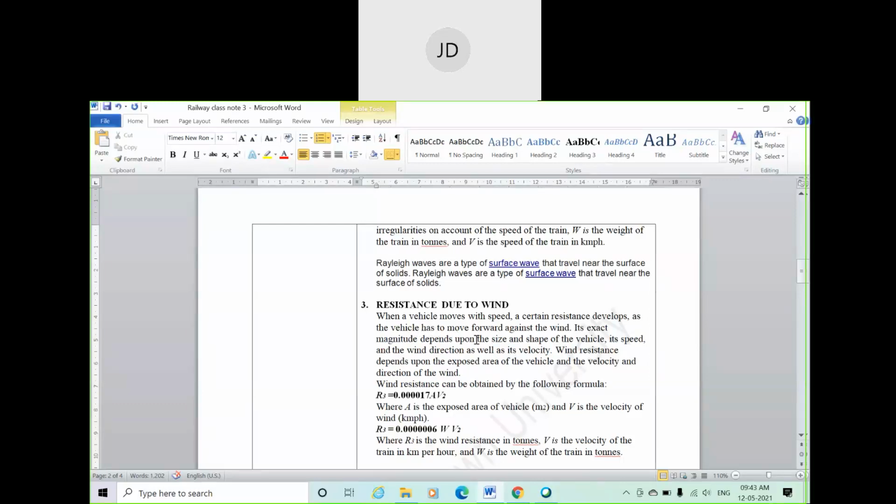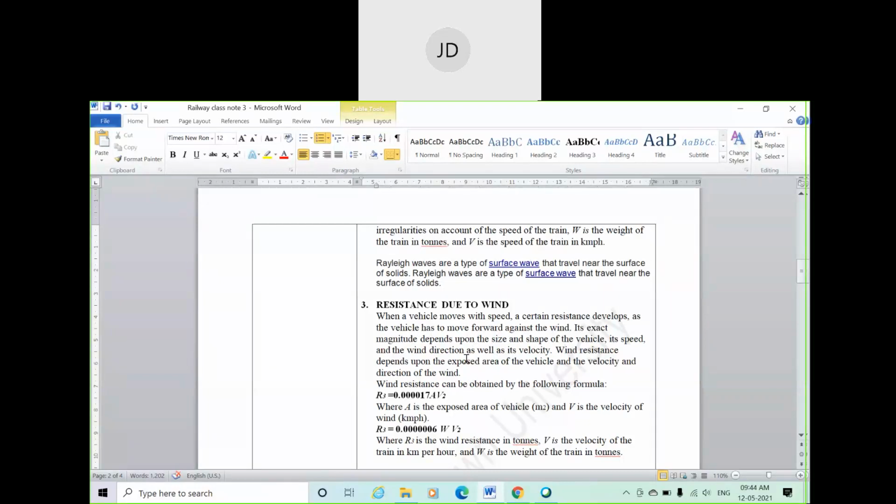These things are very logical, and I think you have also experienced that when you move with a certain speed in any vehicle, whether it is a train, a bike, or a car, one may experience a wind drag against the movement of the vehicle. And if the wind direction is against the train direction, then the resistance due to wind will be increased.